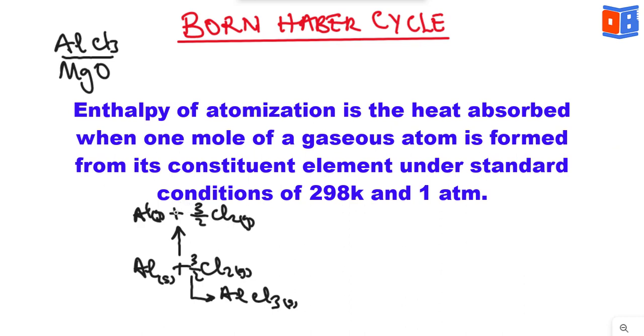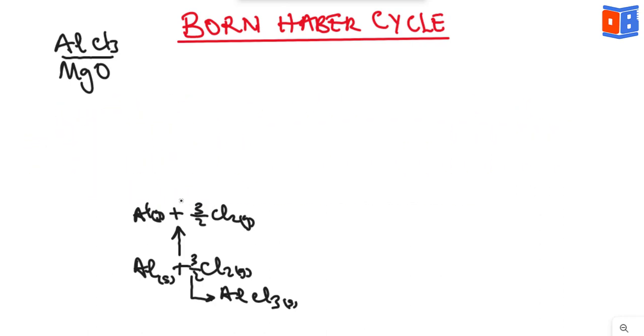Now, enthalpy of atomization is the heat absorbed when 1 mole of gaseous atoms is formed from its constituent element under standard conditions of 298 Kelvin and 1 atmosphere. So we can also atomize chlorine, and to do that, we're going to have a gas with 3 different chlorine atoms. This is atomization of chlorine.